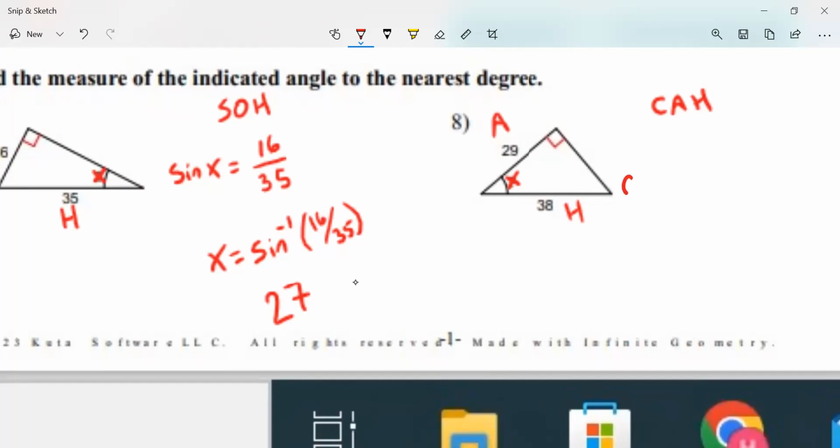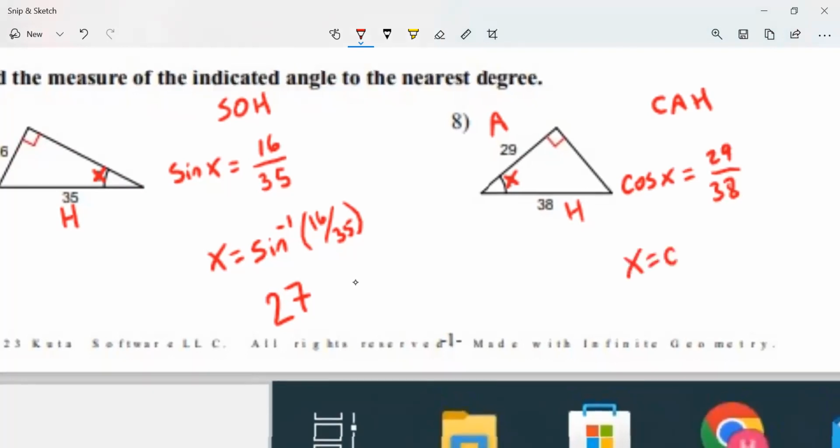So I'm just going to write cosine of X is equal to 29 over 38. To get X by itself, I'm going to use inverse. So X is going to be cosine inverse. Again, some people call it arc cosine. Cosine inverse of 29 over 38.